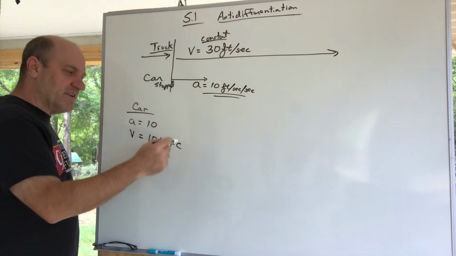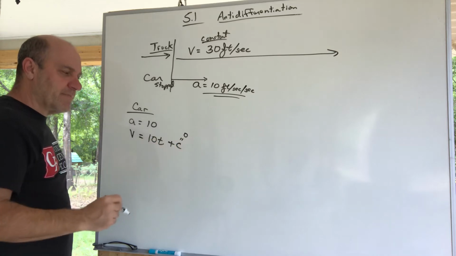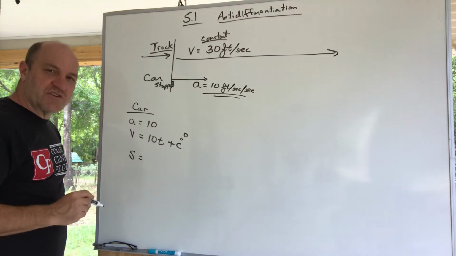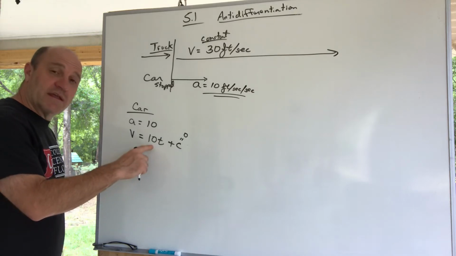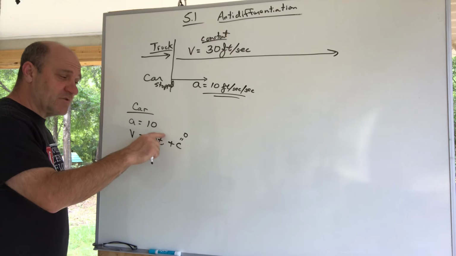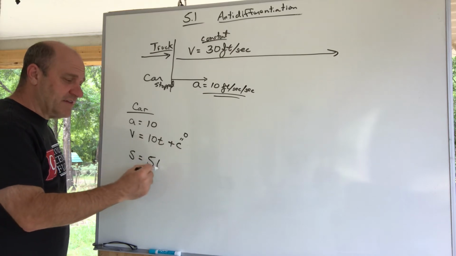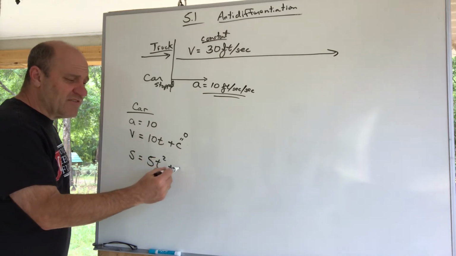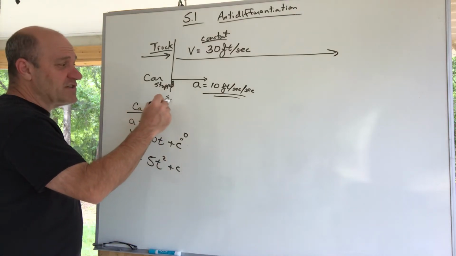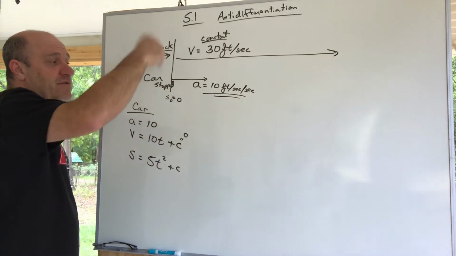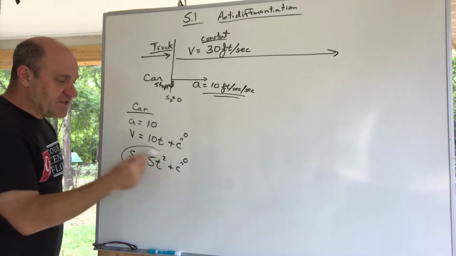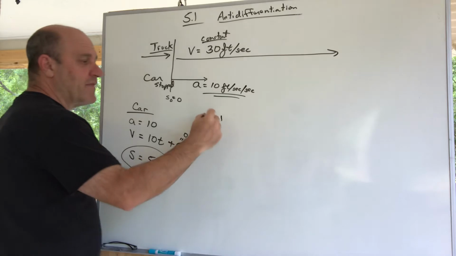So its initial velocity was 0. Now I want the position of the car, s, which means I integrate again. Integrating 10t, t squared divided by 2, gives 5t squared, plus another c, which is the initial position of the car. Let's just call this initial position 0, sitting here at this red light. So I've got the position equation of the car.